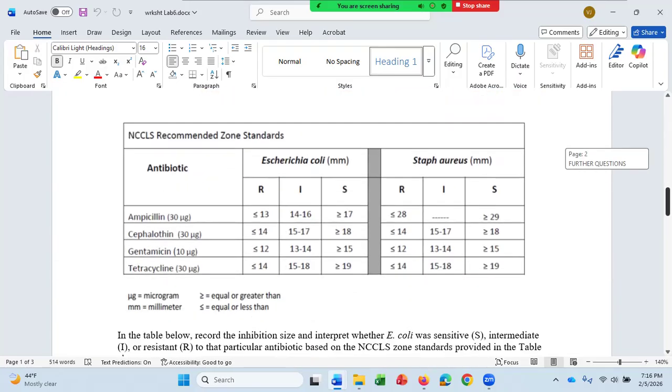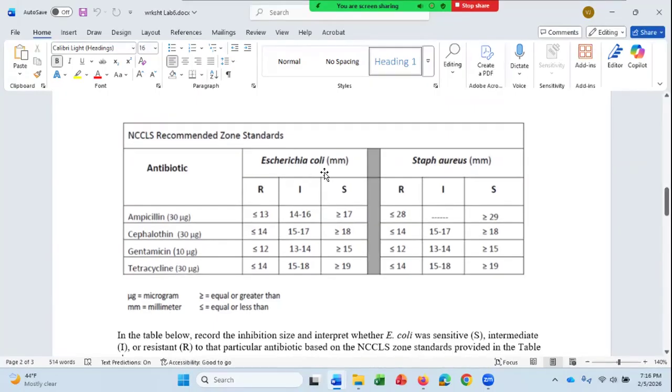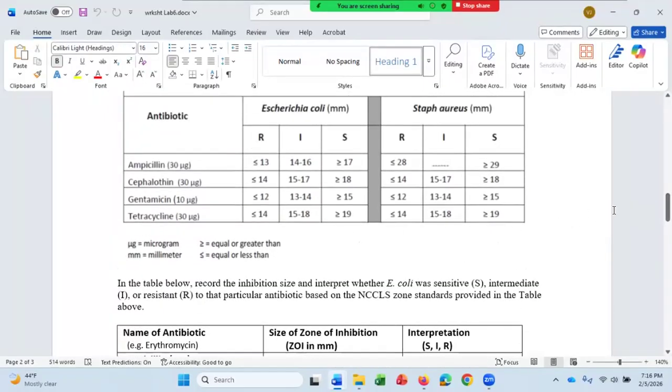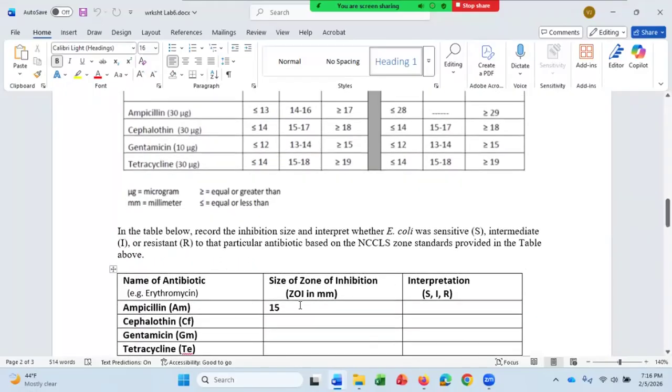And here we have the NCCLS standards. We're only looking at E. coli here. We're not looking at Staphylococcus aureus. And for ampicillin, I believe I've got the results for you in the table here. For ampicillin, the size of the zone of inhibition, you measure it here.